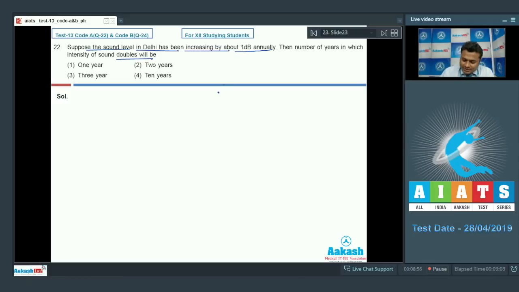We know very well the sound level intensity is given by SL equals 10 log I upon I naught, where I naught is the reference intensity. Now sound level 1 is given by SL1 equals 10 log I1 upon I naught.